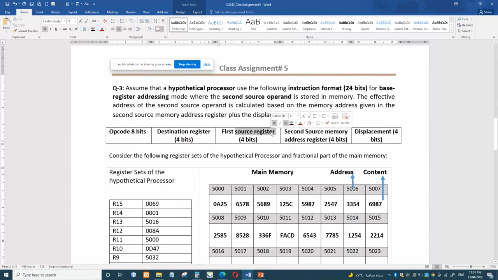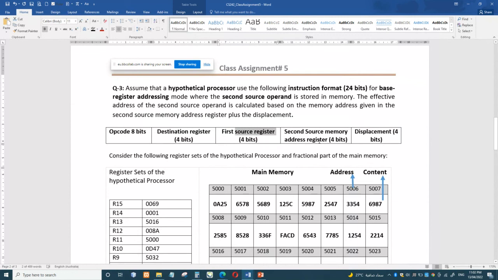There is one source register, which contains your first source operand, and that is given here. And the second source memory address register: the address of the second source operand is given in a register.